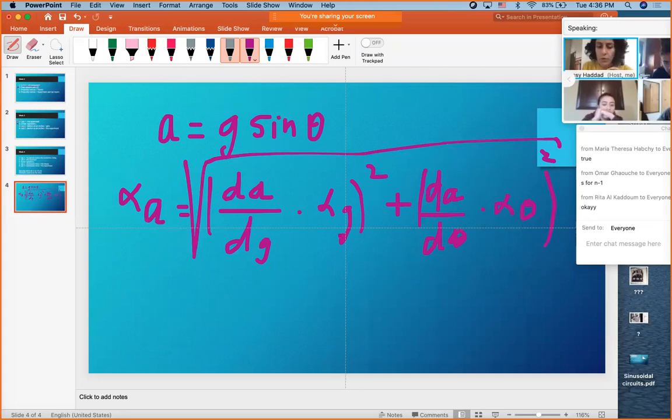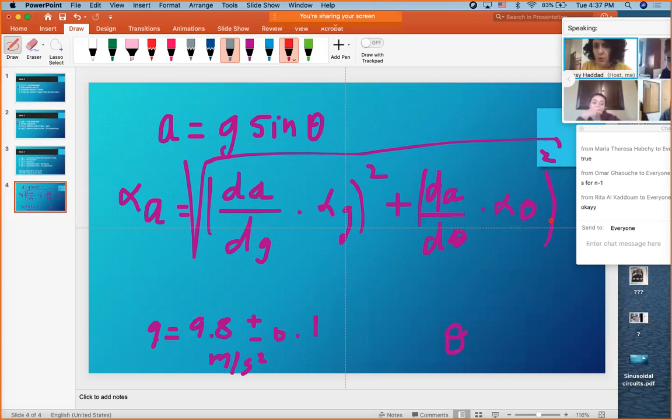Now we know G, it's 9.8 plus or minus 0.1. So G is given to be 9.8 plus or minus 0.1, and the unit is meter per second squared. Okay, theta is given to you and the uncertainty is given to you as well.